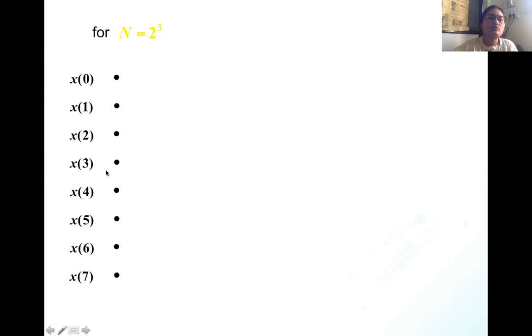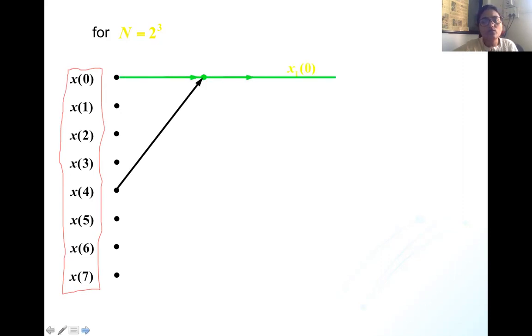Here you can observe the input x of n, which is in the time domain, x of 0, x of 1, 2, 3, 4, 5, 6, 7, which we have applied to the DIF algorithm. It is in sequential manner. This is stage number 1.